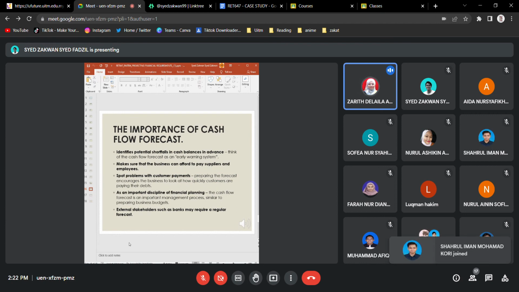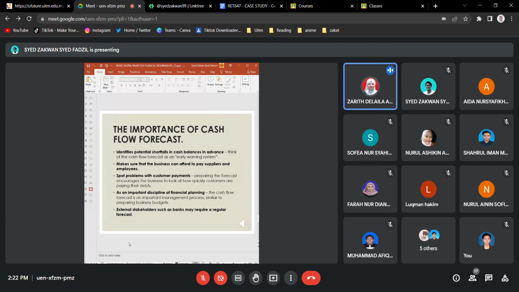And then the last one is about the external stakeholders. Usually they require us to give this forecasting or prediction to them. Sebab dia nak tengok, macam saya cerita tadi, kalau kita as a new entrepreneur, kita nak start business, contohnya dia akan tengok business plan sebab dia nak tengok cash flow ni, dia nak tengok sama ada our business ini boleh sustain or not, we can pay back all the debt ataupun tidak.